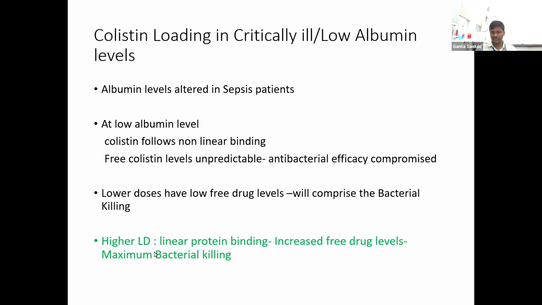This can increase the free drug levels and give maximum bacterial killing. So don't use lower doses of colistin in patients with hypoalbuminemia because it can lead to nonlinear kinetics and unpredictable colistin levels. Always use higher loading doses because linear protein binding increases the free drug levels and enhances bacterial killing.